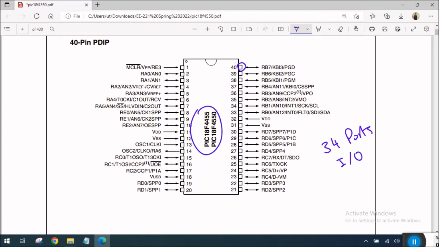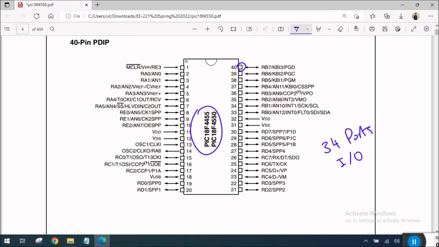Now coming back to the point of why we have to configure a port or a pin as either an input or an output, but it can't work as both at the same time. Let's consider this single pin RB7 that I want to configure as both an input and an output, but it can't be done, and let's see why.